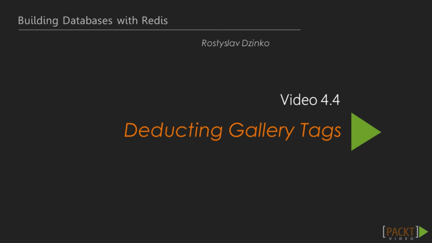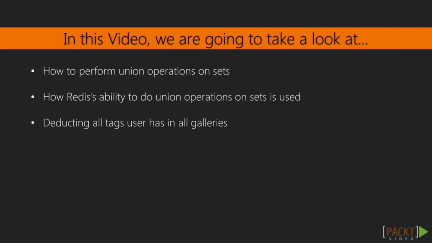In the previous video, we discussed the last data type we were to cover in our video course, called HyperLogLog, which allows us to efficiently store large amounts of elements in a probabilistic set. This video is devoted to performing operations on sets.